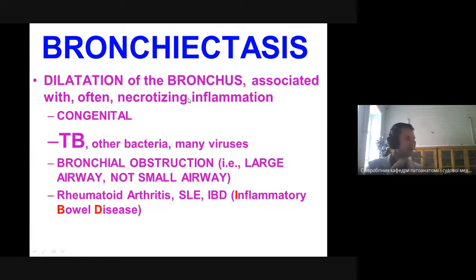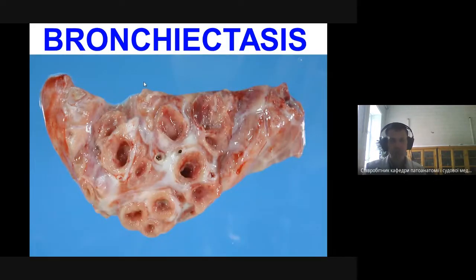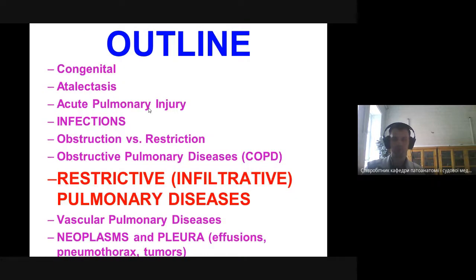So necrosis makes the walls softer, and obstruction makes the pressure unbelievably high. Bronchiectasis here. So these bronchi are dilated, and they could contain hundreds of milliliters of sputum. So a lot of sputum. Bronchiectasis.